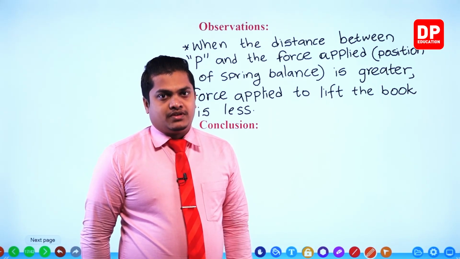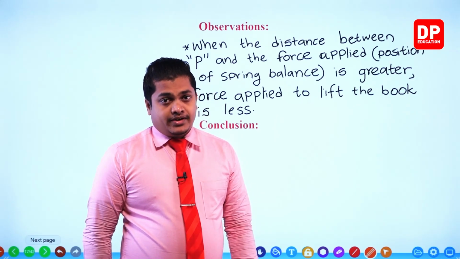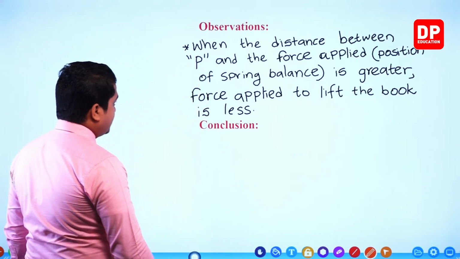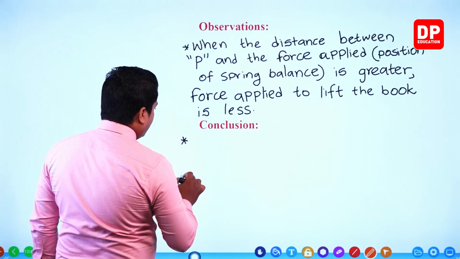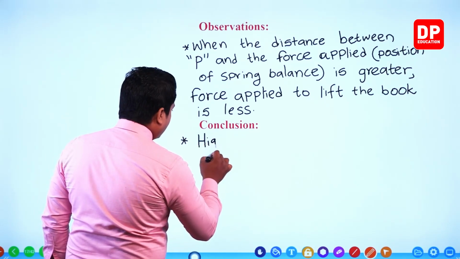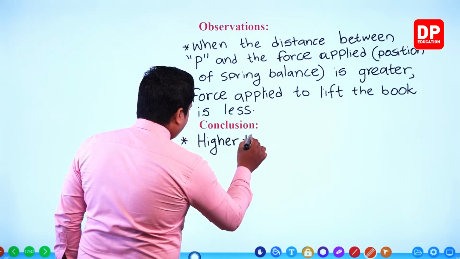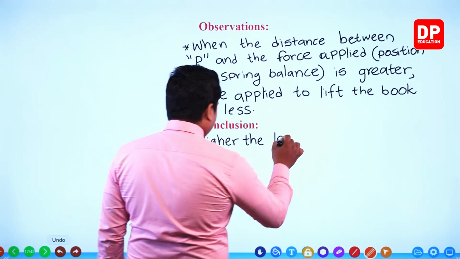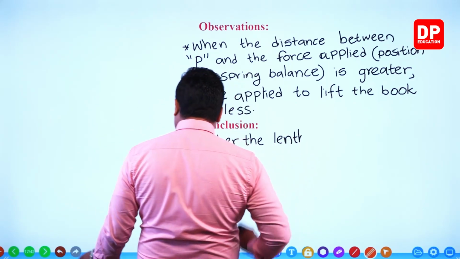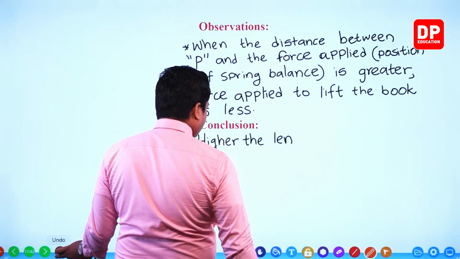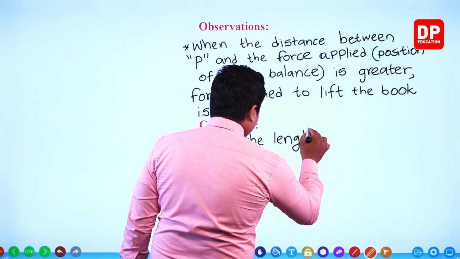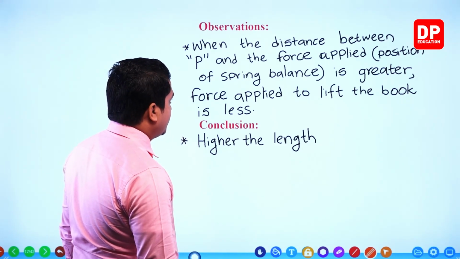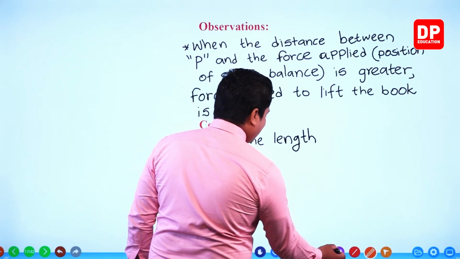So this is our observation. So we can write the conclusion. This is our conclusion. So we can write the conclusion then. Very simple. Higher the length, higher the length, right? Higher the length, or else we'll mention as distance.